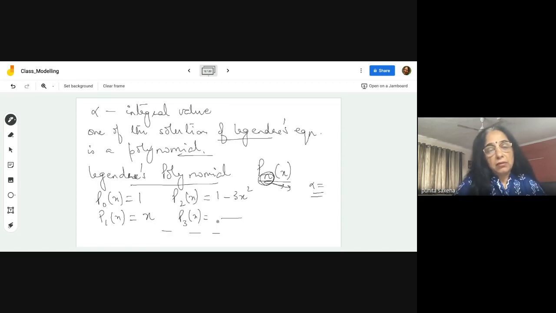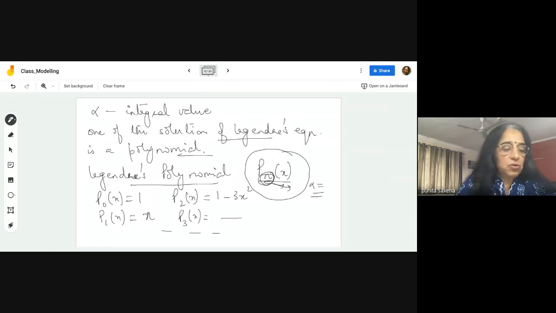Now, these are called Legendre's polynomials, but what we are going to do now is again generalize the formula. Every time we cannot be computing things, so we need to generalize a formula for P_n(x) also. How do we write the general formula for P_n(x)?